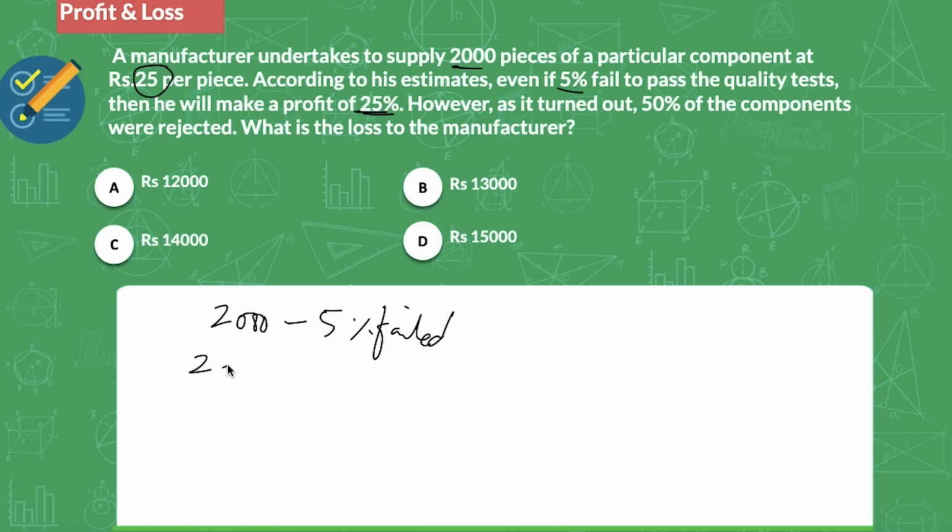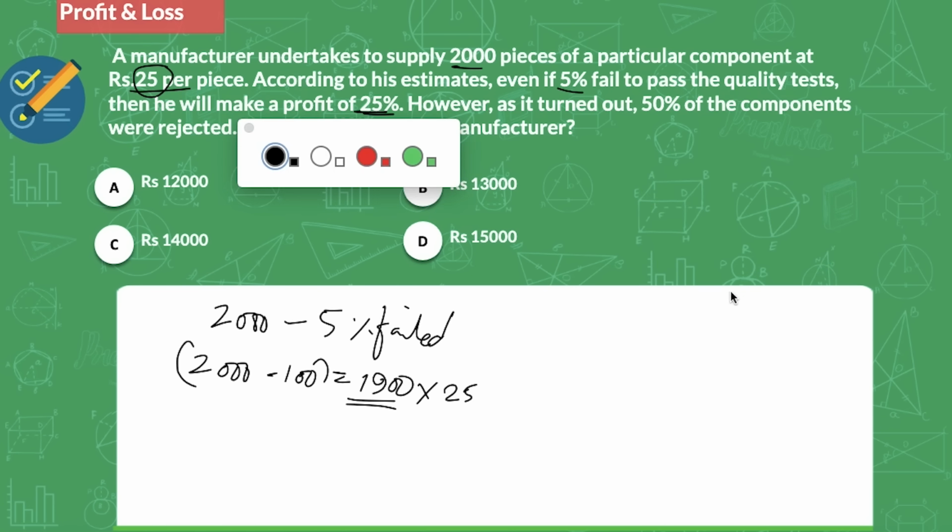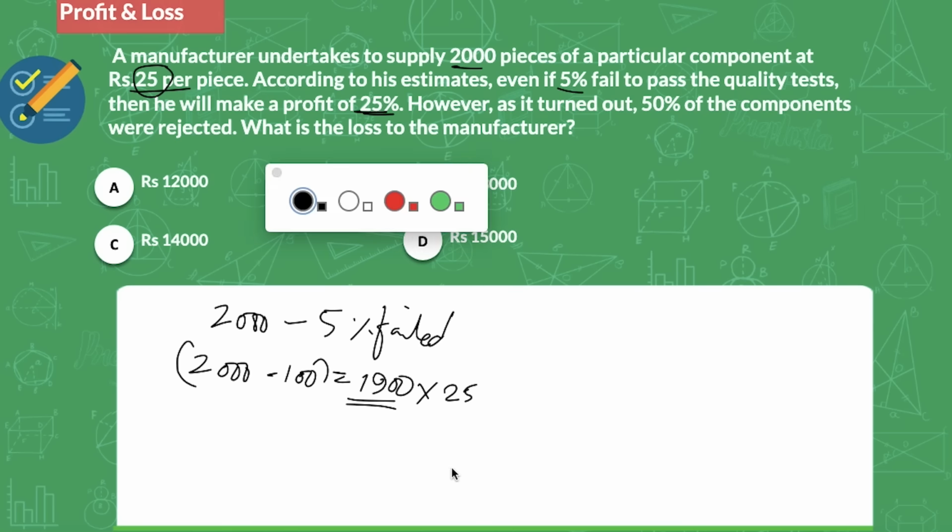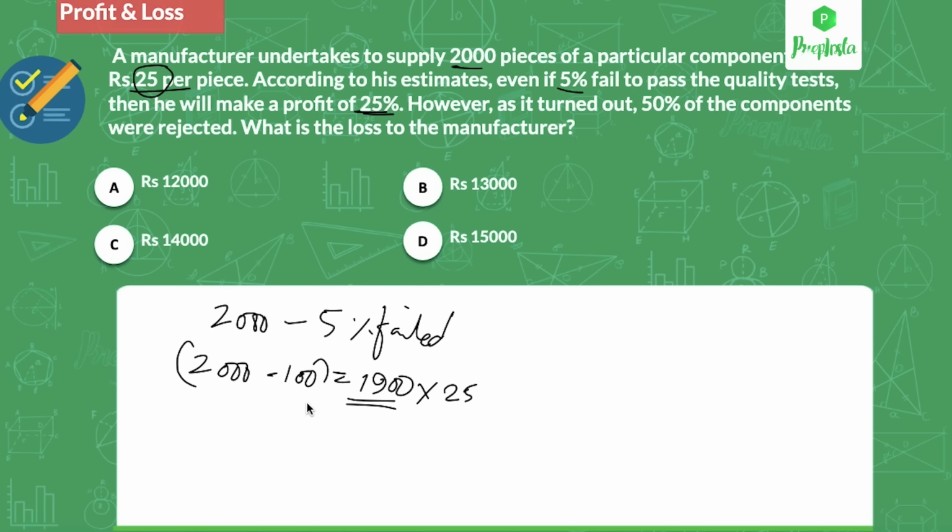That means the good quality items are 2000 minus 100, which is 1900 pieces which he can sell. This 1900 he can sell at a price of 25 per piece. It's given over here, 25 per piece. So that means the selling price would be 1900 into 25, which is nothing but 47,500.